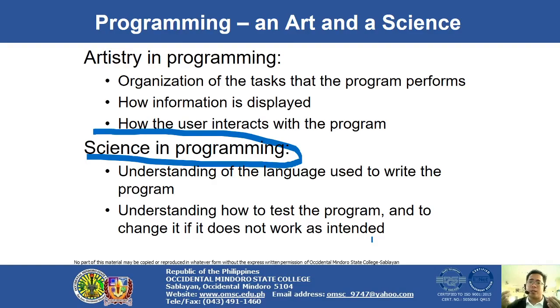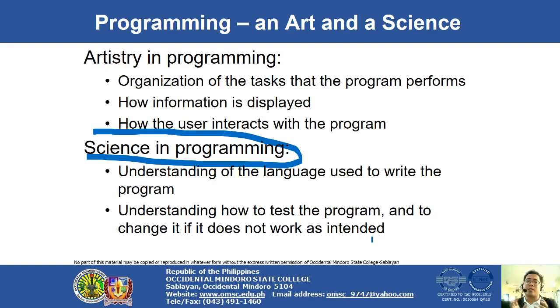How are you going to write if you don't know how to code? How are you going to write if you don't know the structure of the programming? You don't know the header, you don't know the keywords to be used to run a program. And also, you don't know how to test a program. If you test the program and there is a bug, and you don't know how to debug that program.